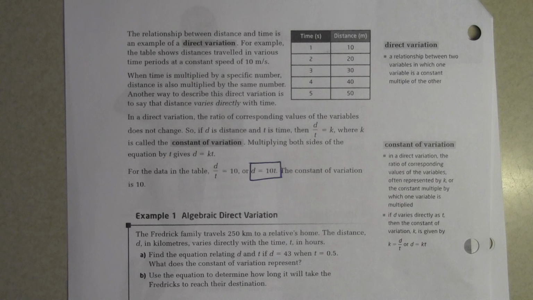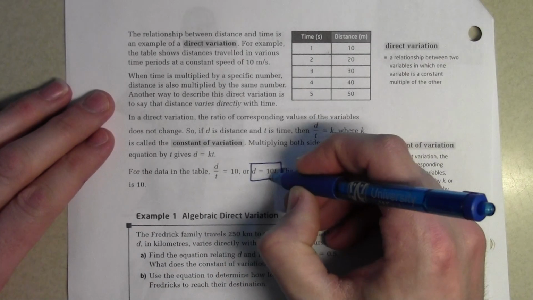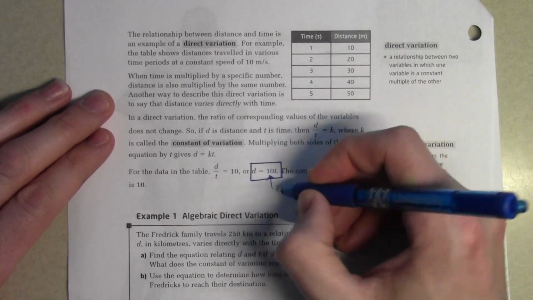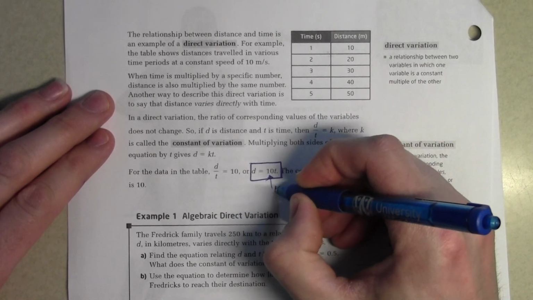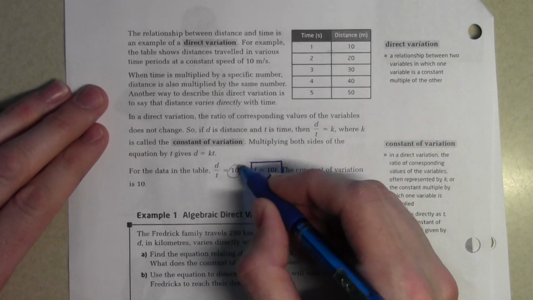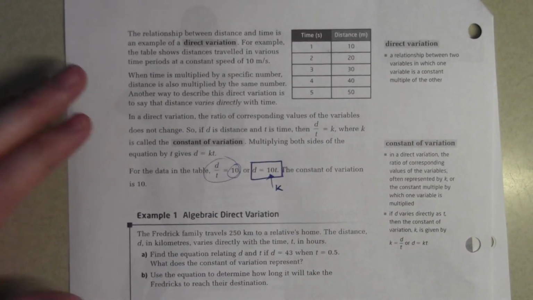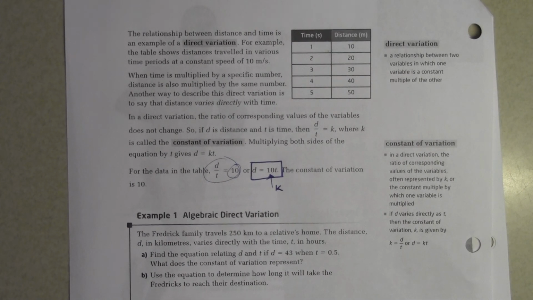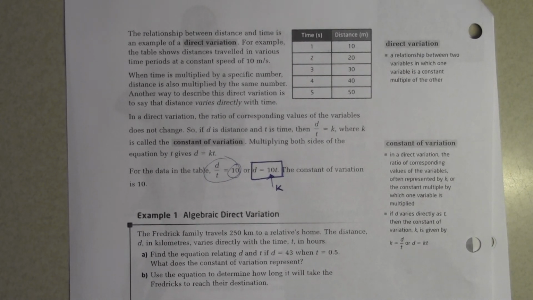If d varies directly as t, then the constant variation k is given by d over t. Okay, so in other words, that number that it varies by, that's your k value. Okay? You can either solve for it directly like this, or just know that k is the constant variation term in front of the second variable.